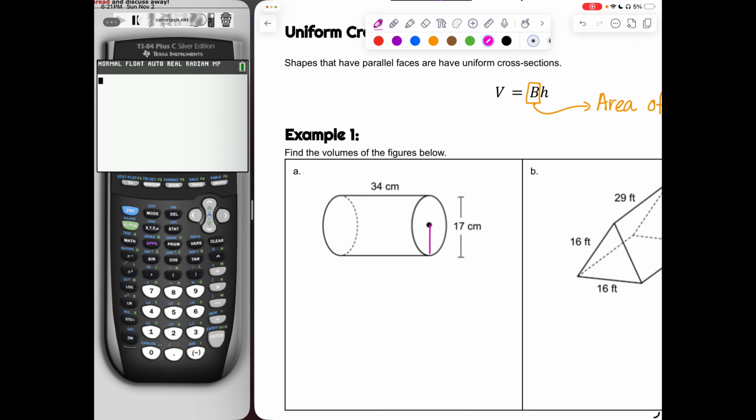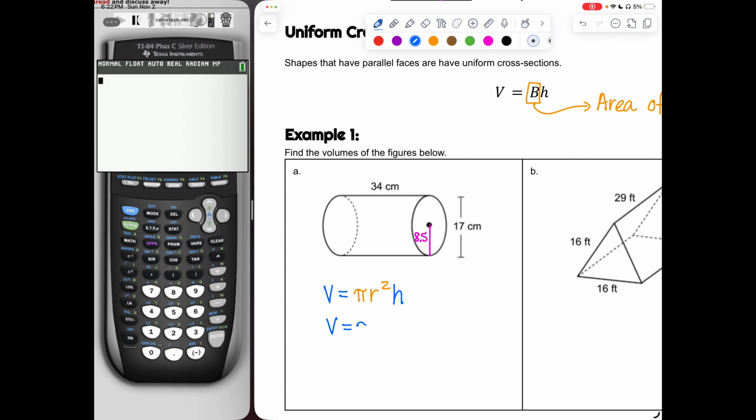So if I look here, I know that we need the volume formula, which is going to be that the volume is equal to the area of the circle, which is pi r squared, times the height of the 3D figure. So we know that if our diameter is 17, our radius must be 8.5 because it's half of the diameter. So we can substitute that information in.